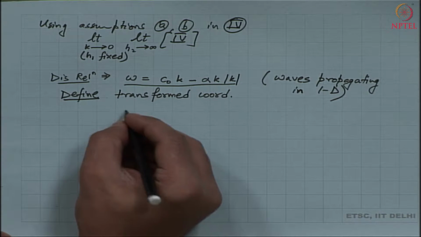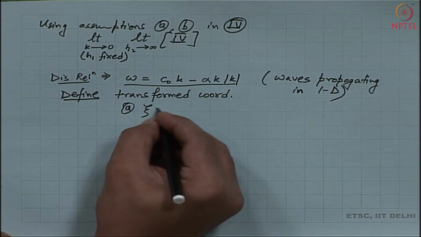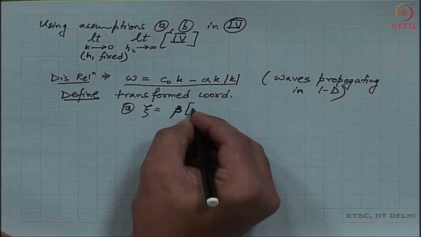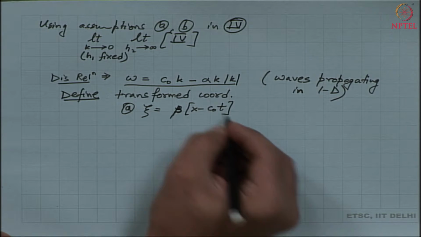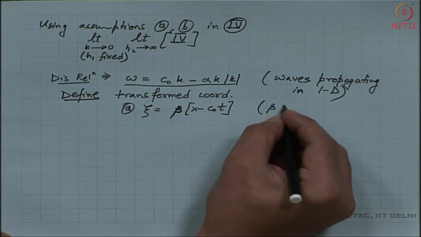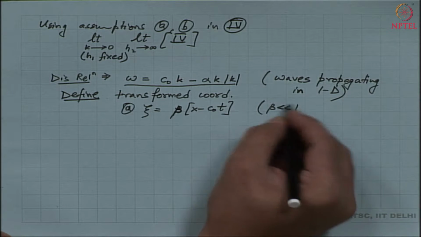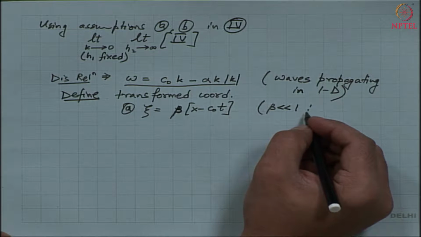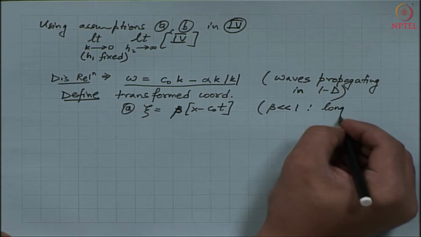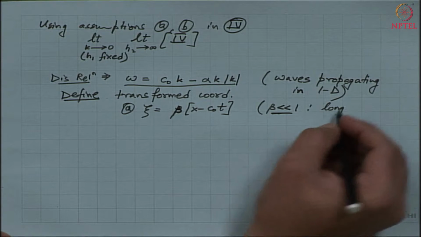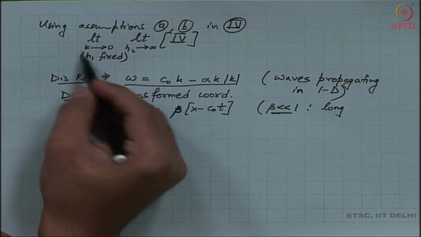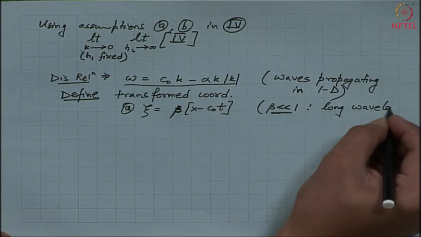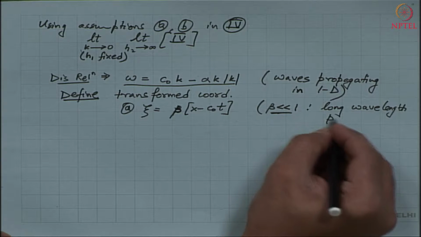I define my coordinate zeta as beta x minus c naught t, where I assume my beta to be very small. This is nothing but the same as my long wavelength assumption. This particular assumption is arising due to our long wavelength assumption to begin with. Okay. So let me call this a long wavelength parameter.